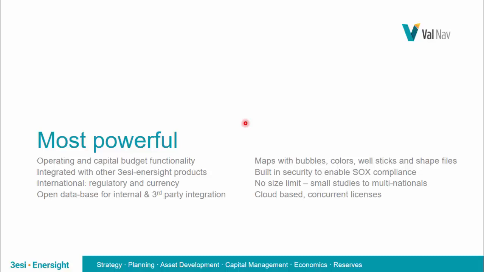And finally, I want to talk about security and audit. Value Navigator has advanced security that allows users to be specified in terms of what they can do with the data. So perhaps your reserve administrator is the only person who can change price files or automatic forecasting defaults.